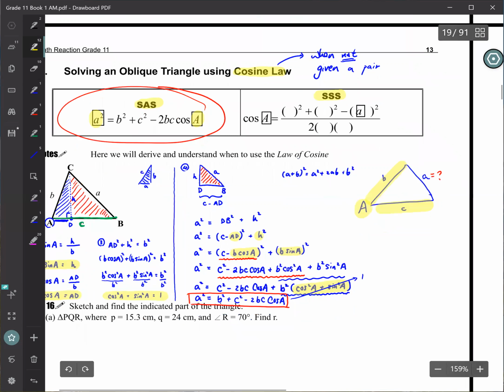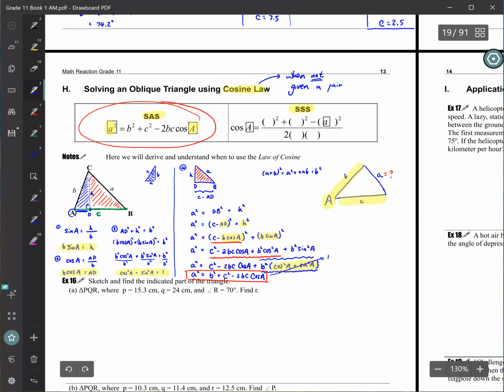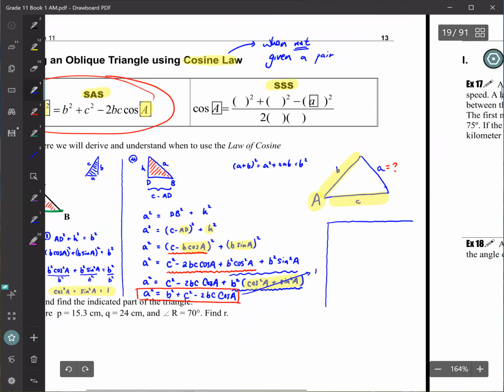Okay, and then I don't know if you still have space. Let's split down here. The formula on the right side, the one that has the cosine A, is just coming from the left side. You isolate the cosine A. To do that, let me quickly copy it on the side here. I'm just copying the same formula that we derived.